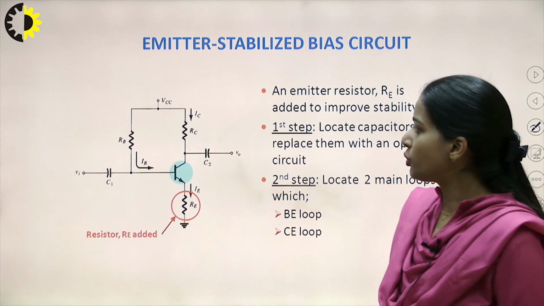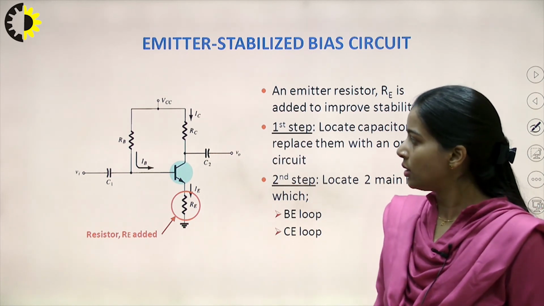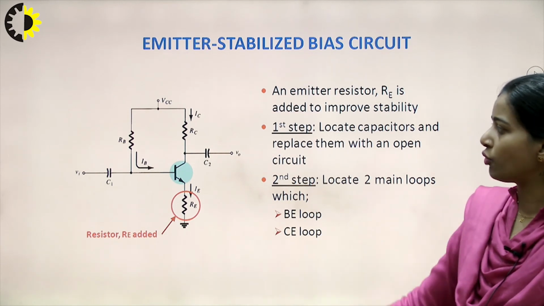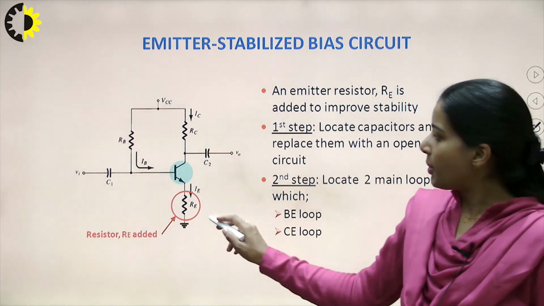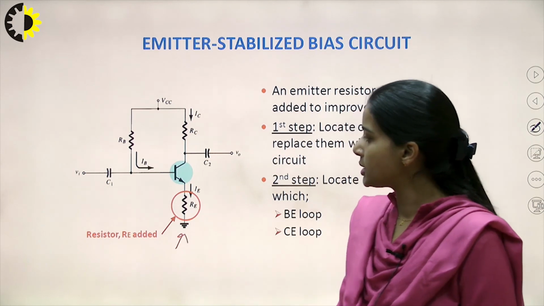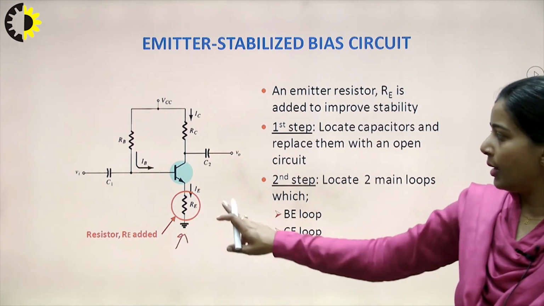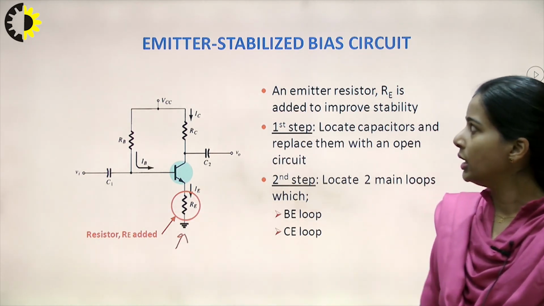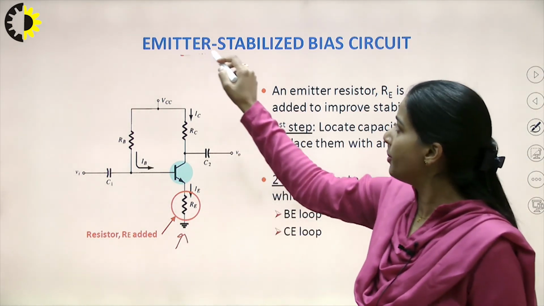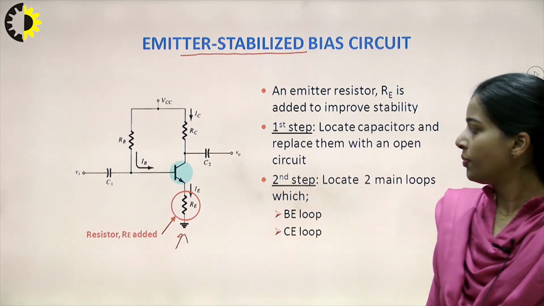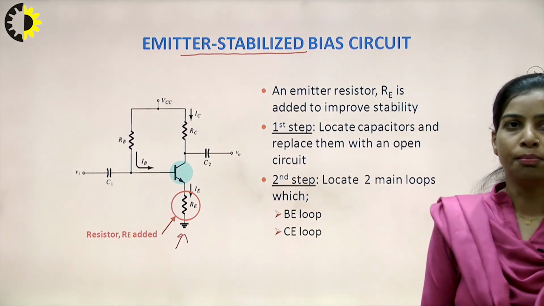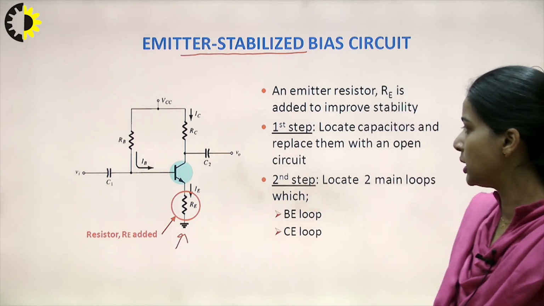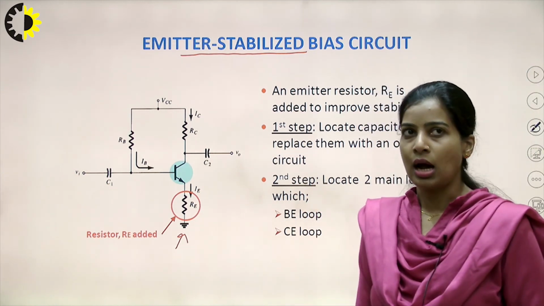To improve it, we have another configuration, which is an improvement of the fixed bias by placing a resistance RE into the emitter loop. It is named emitter stabilized bias because we are trying to improve the stabilization of the circuit by placing this emitter resistance RE.